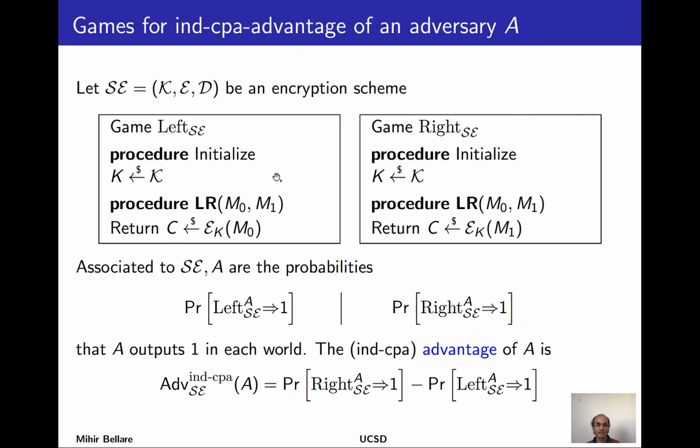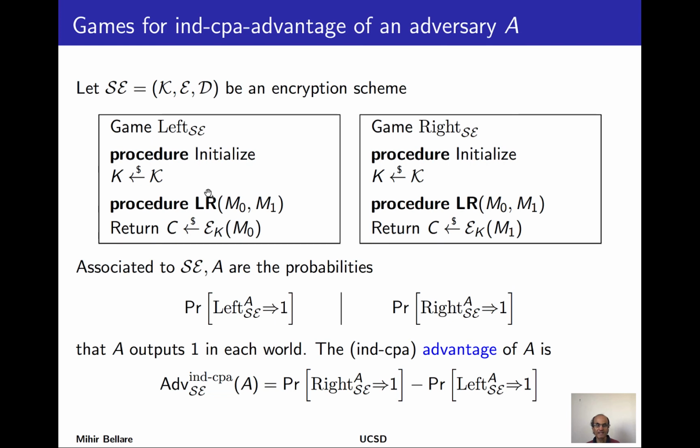So let's look at what they do. Each has an initialized procedure that runs this key generation algorithm to get a key for the encryption scheme. Once the key is obtained, it's frozen inside the game. It's hidden, it's not provided to the adversary, but it's static for the rest of the game.